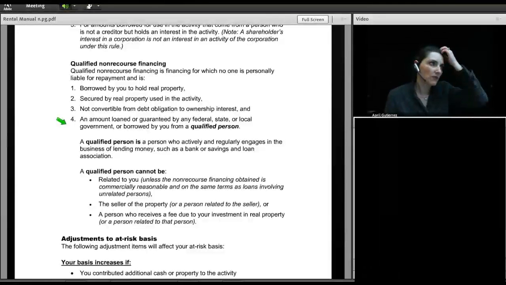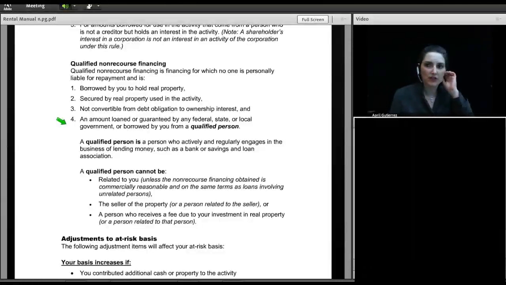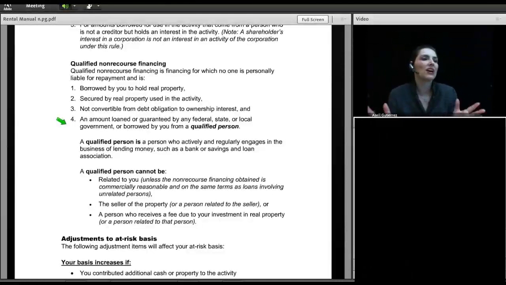But let's look at something that would be similar but not treated the same, and that would be an auto loan. You purchase a car, and the loan on the car is secured by the bank, and there is no recourse against you other than repossessing the car. They can't come after you for it. That would be a very rare thing, because most of the time they'll repossess the car plus come after you, right? But let's just suppose we had a situation where it was non-recourse.